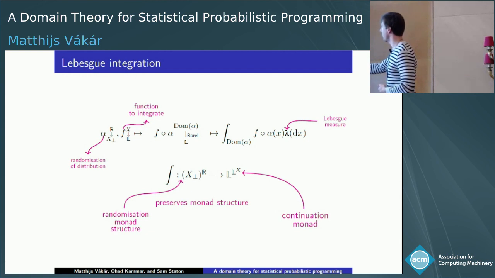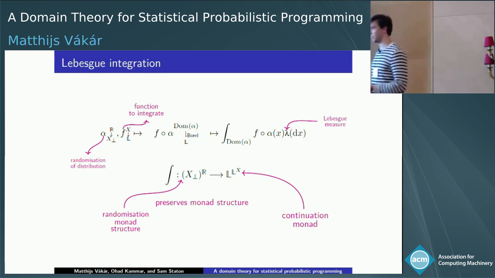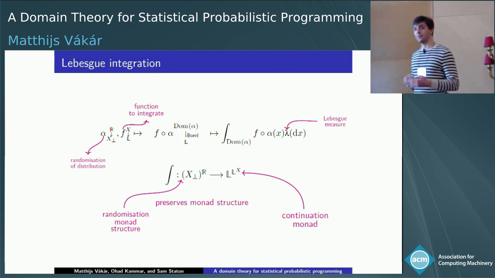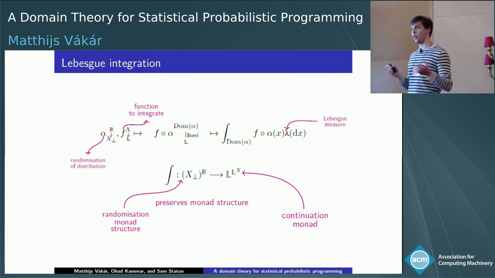A distribution on X can be seen as a function that sends functions from X into the positive reals to a positive real number. Right? That's insight number one. Insight number two is the so-called randomization theorem, which says that well-behaved distributions on well-behaved spaces, let's say, arise as a push forward of the Lebesgue measure along some measurable function.